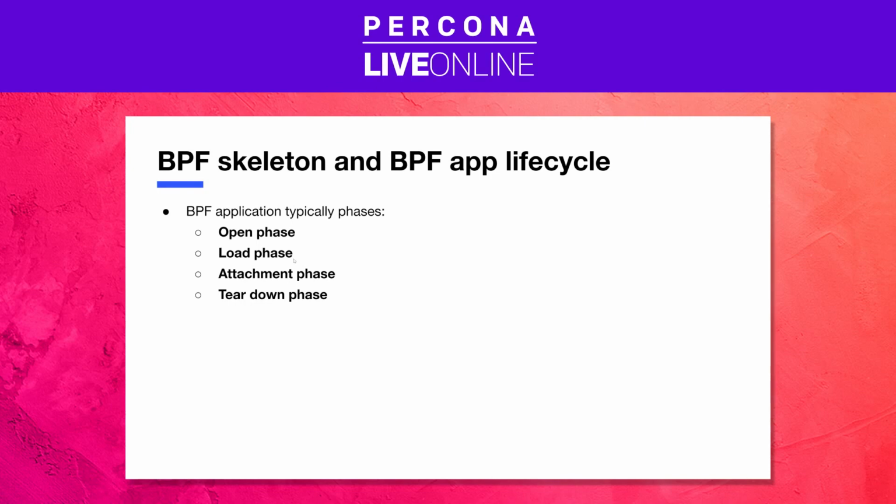At this point, all the parts of the BPF application are validated and exist in the kernel, but no BPF program is yet executed. After the load phase, it's possible to set up initial BPF map state without racing with the BPF program code execution.